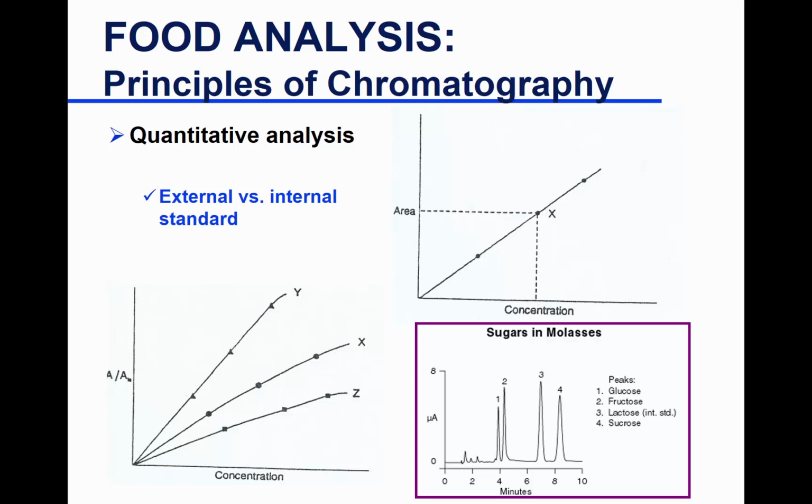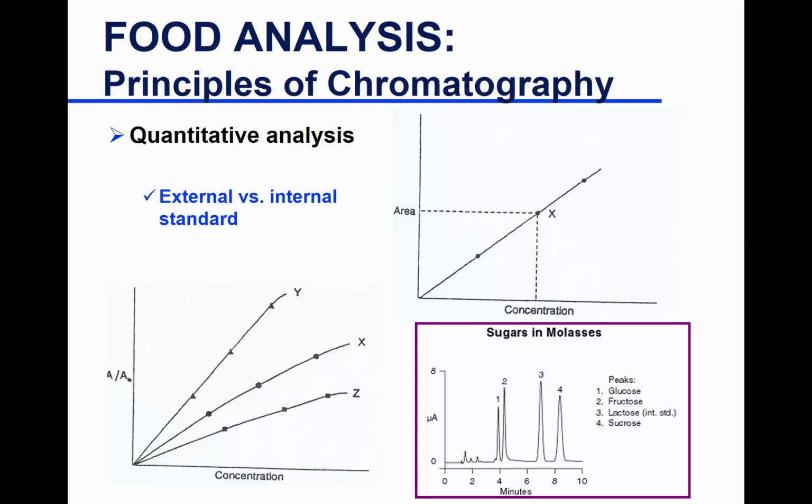Let me tell you what an internal standard is. An internal standard is a standard that has similar characteristics to your compounds, but does not elute at the same time. That means they do not come out at the same time. Here's an example. There are sugars in molasses. There is no lactose in molasses. Lactose is a dairy source.